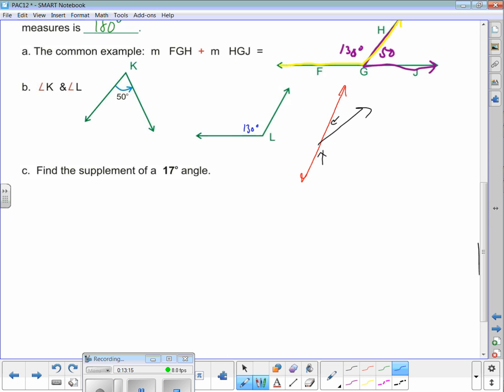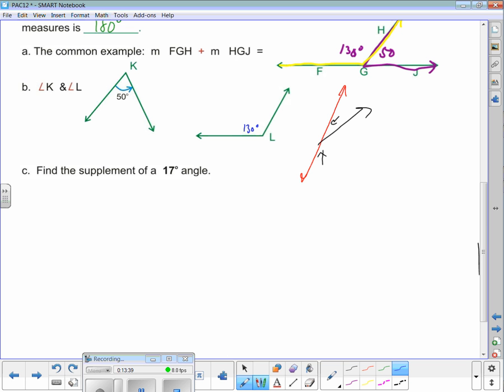Let me ask you this. Can two acute angles be supplementary angles? It's impossible. You will never add up to 180. Can two obtuse angles be supplementary angles?